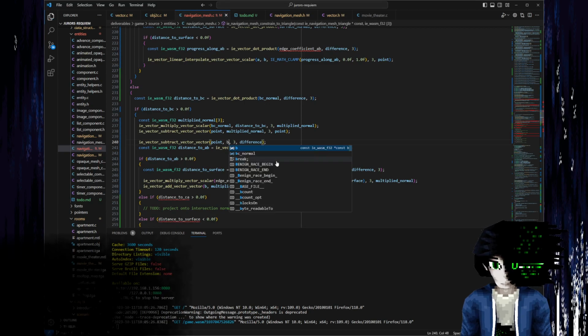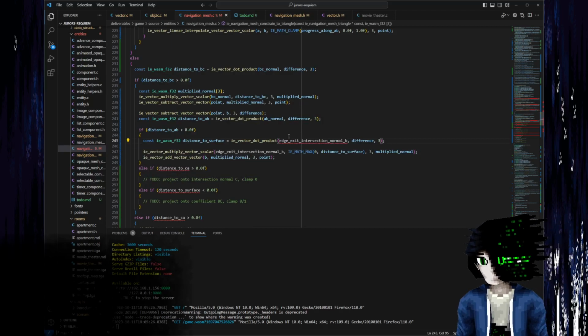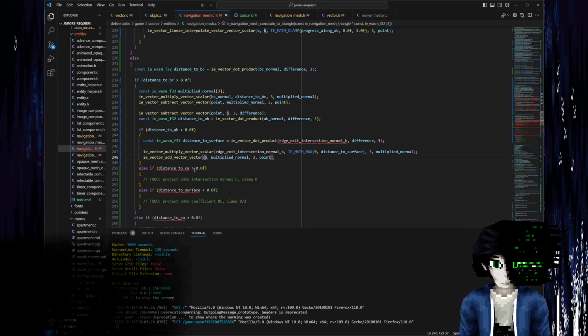That's actually B that we want, not A. Okay, intersection of BC and AB is point B, which is good. Distance B, B, B, B, all B's, all happy with that.